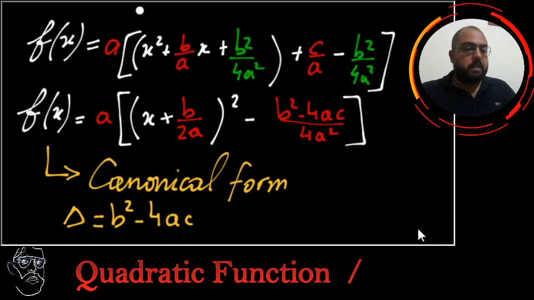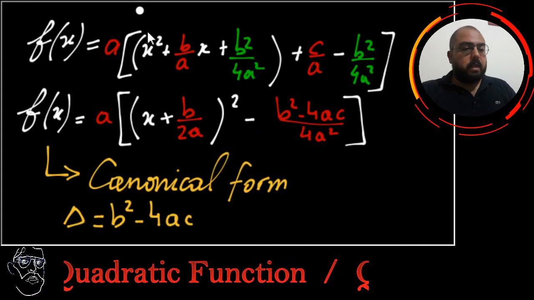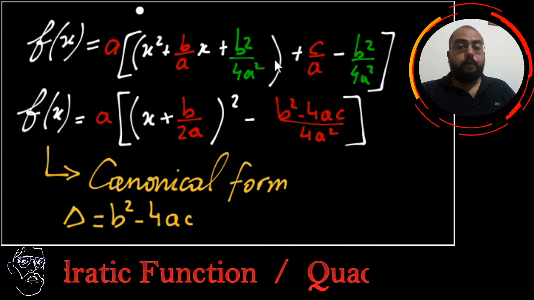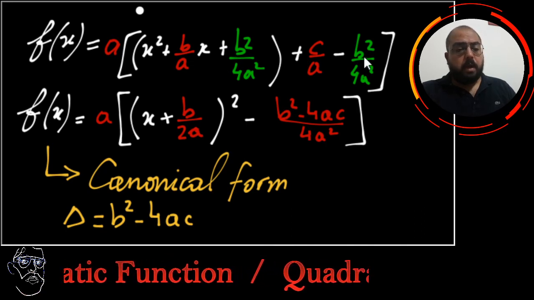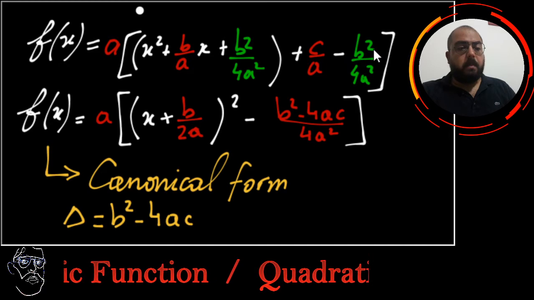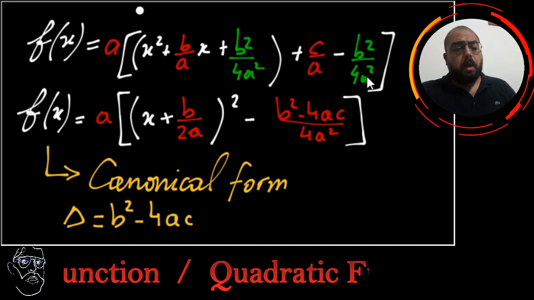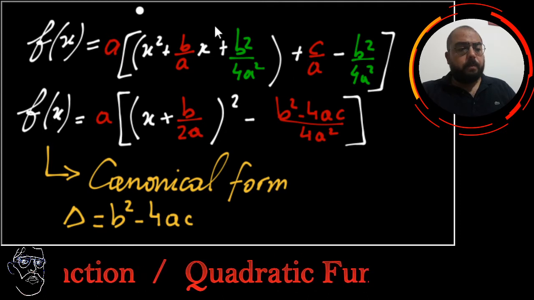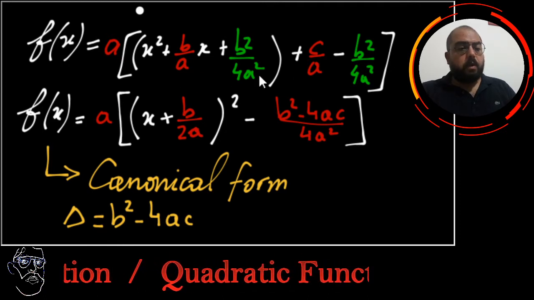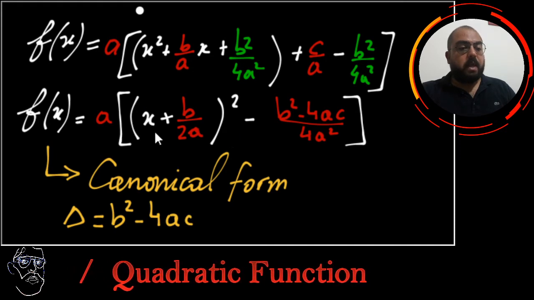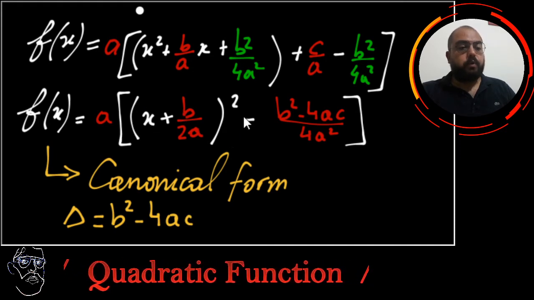So once we proceed, as you can see in the parentheses, I'm adding b squared over 4a squared, and I'm subtracting b squared over 4a squared. Now, having this form, between the parentheses I will obtain a perfect square, which can be factorized as (x plus b over 2a) to the power of 2.